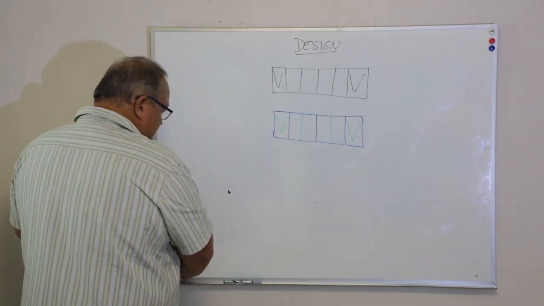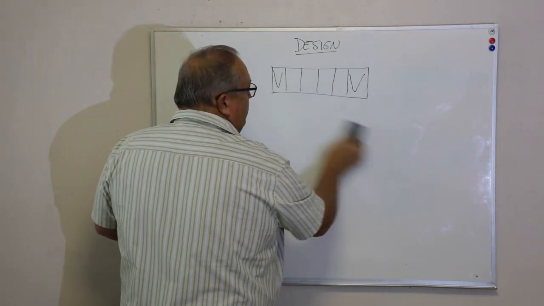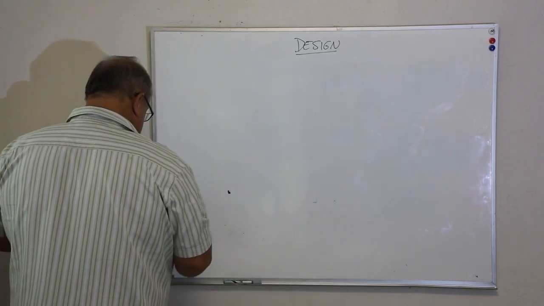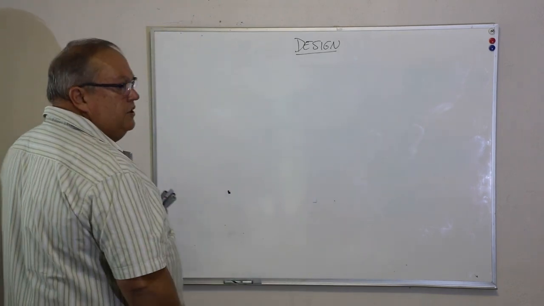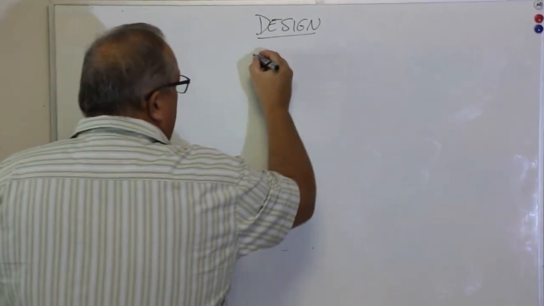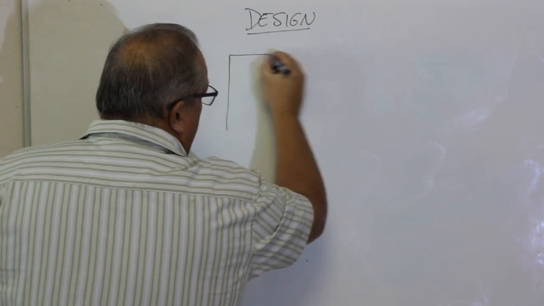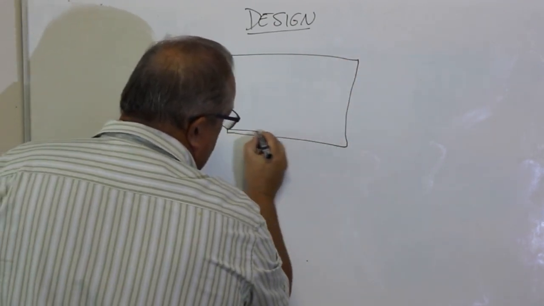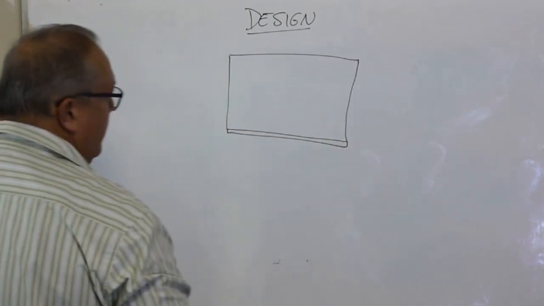Alright, so let's look at another example. Let's look at a shopfront example. So the shopfront that I want to design looks as follows. Because it's a shopfront, it's going to have a sill at the bottom.